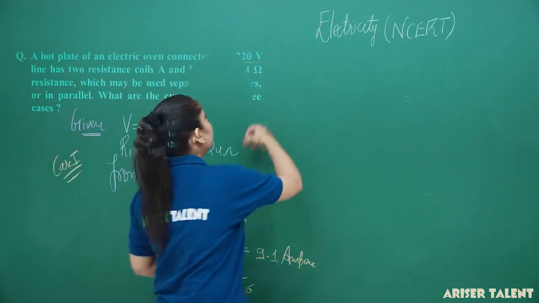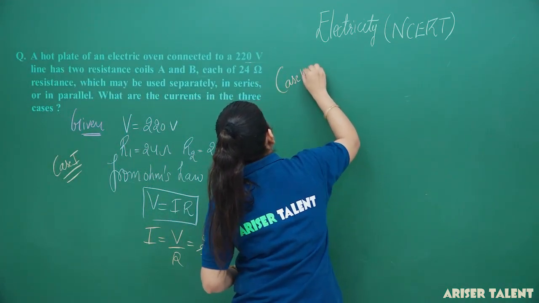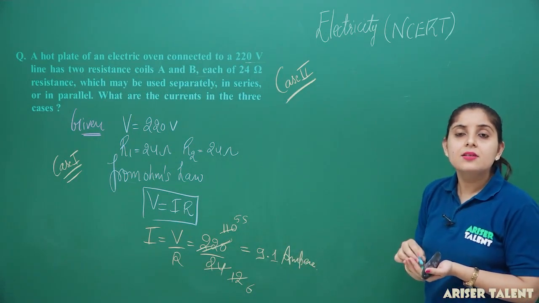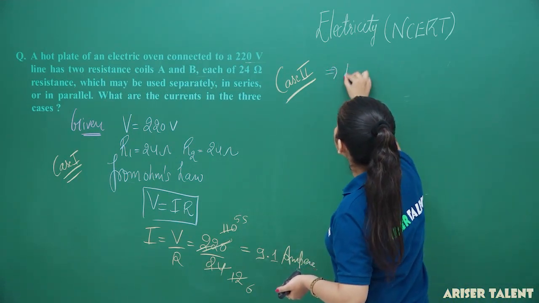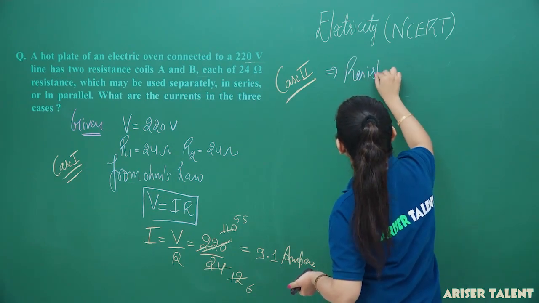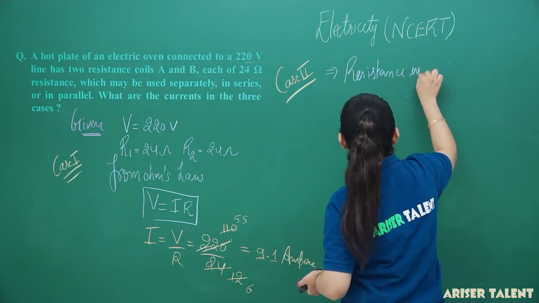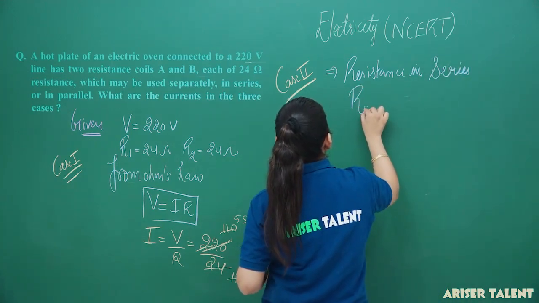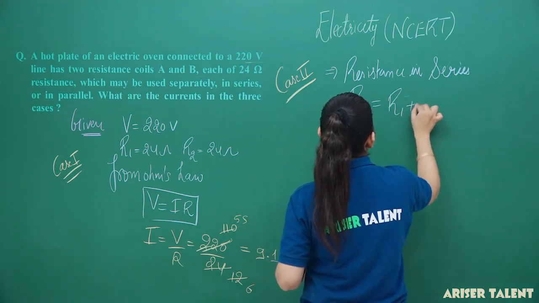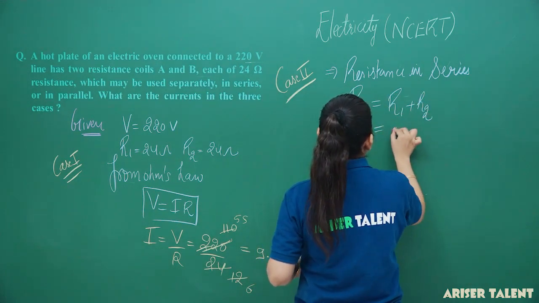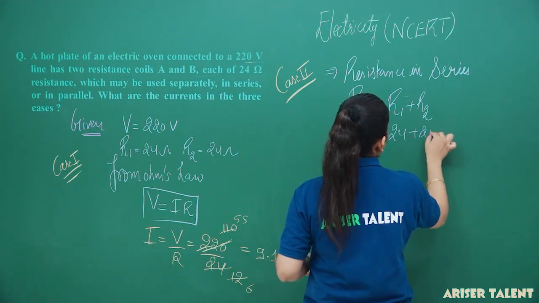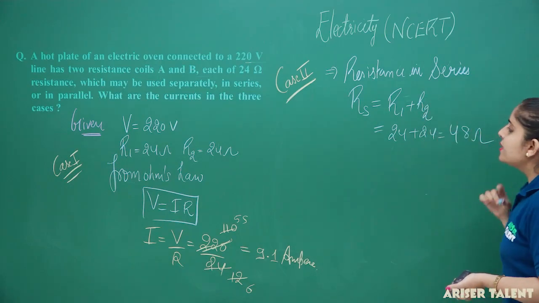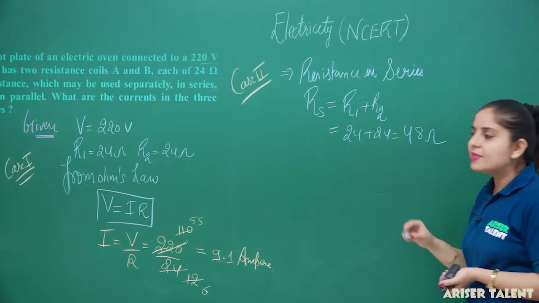Now let's move to case 2. In case 2, you have to connect both these resistances in series. The resistance in series will be Rs, equal to R1 plus R2. The value of R1 is 24 and R2 is again 24, so I get 48 ohm, the total resistance in the circuit.